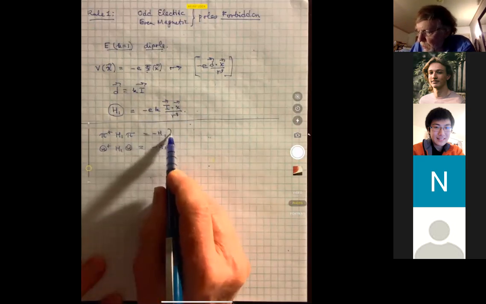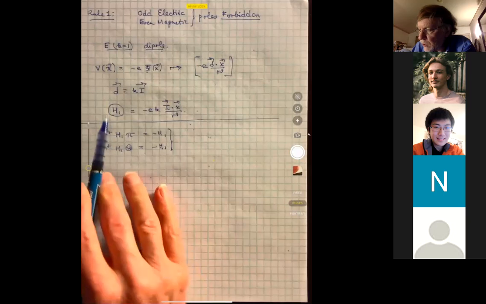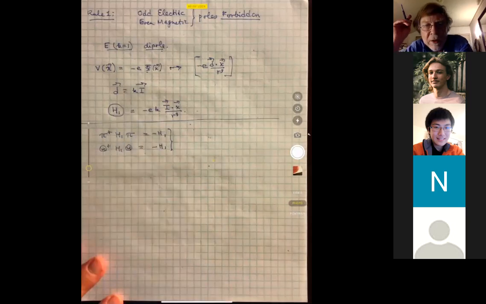And the result we see is that if the electric dipole term is present in the atomic Hamiltonian, it would mean we would have a contribution to the Hamiltonian which violated both time reversal and parity. Now, in fact, we know that time reversal and parity are violated, both of them by the weak interactions, and both of them at quite a small level. But this is a fact that's determined experimentally.